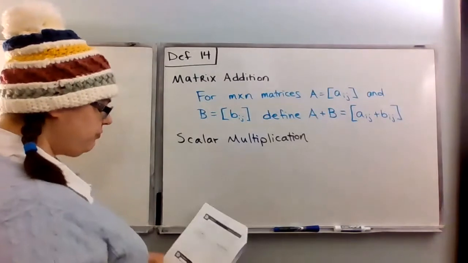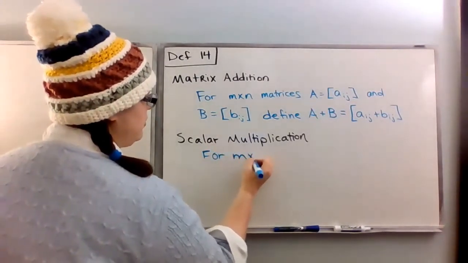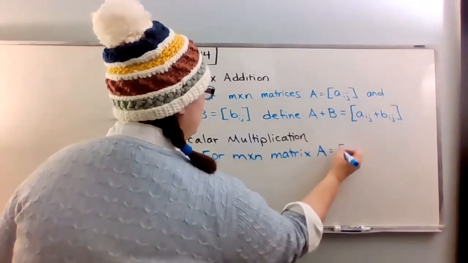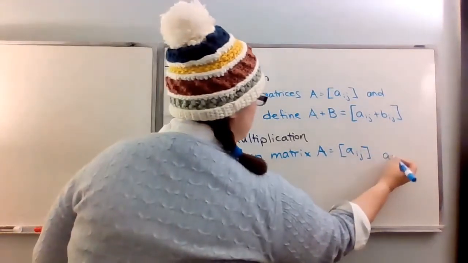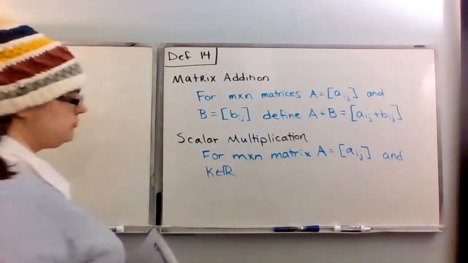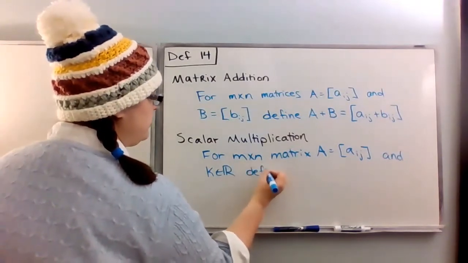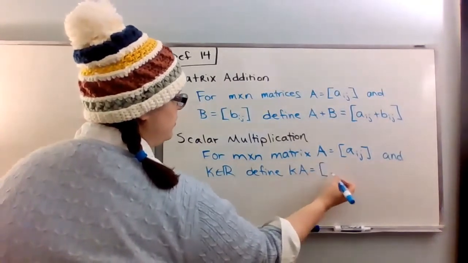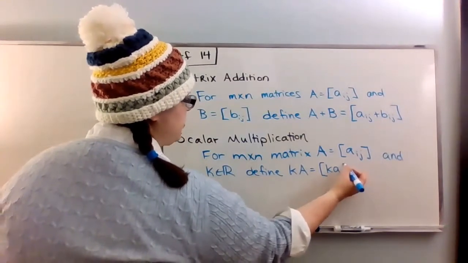So for an m by n matrix A equal to, again, the Aij, and K, an element of R, we're going to define KA to mean the matrix whose entries are K times the ijth entry of A.